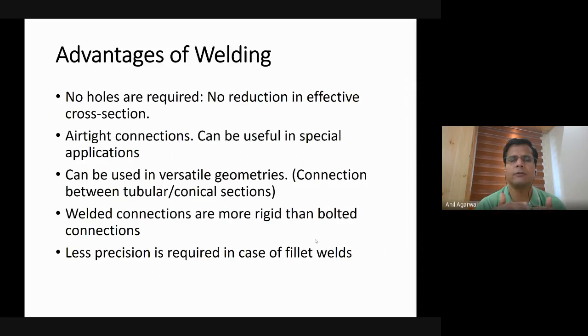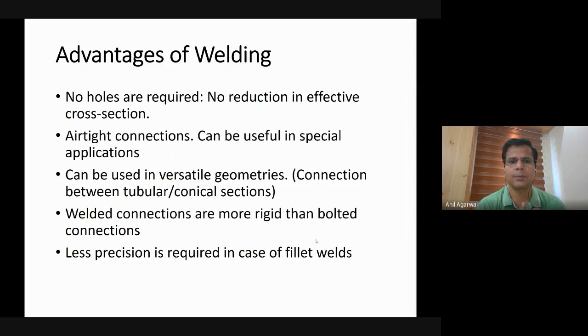But if you are going for a fillet weld, usually the fillet weld is more forgiving. So even if you have a relatively lower level of precision in the fit, the fillet weld can accommodate those minor issues, and that's why fillet weld is typically more commonly used than groove welds.